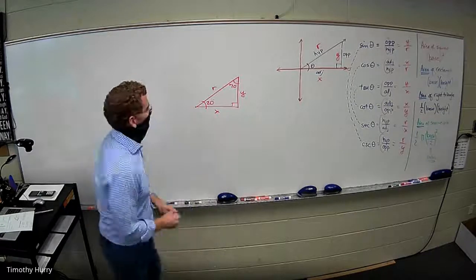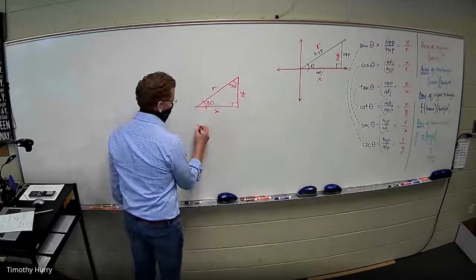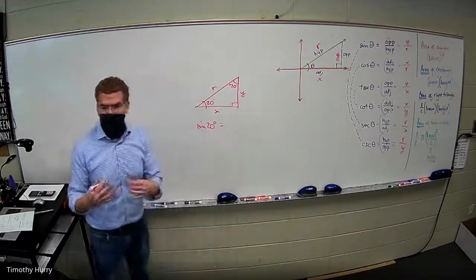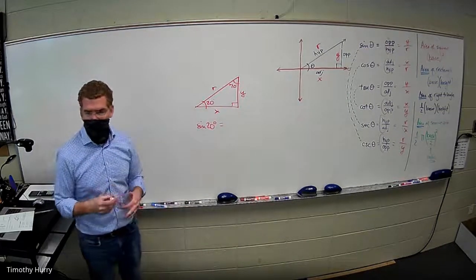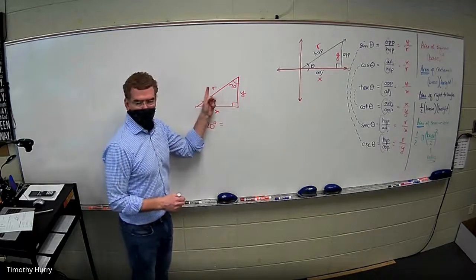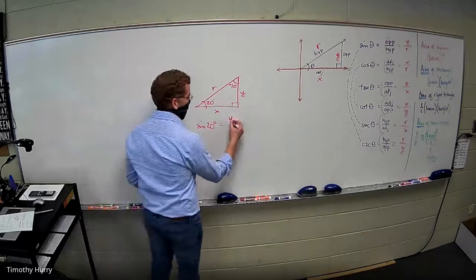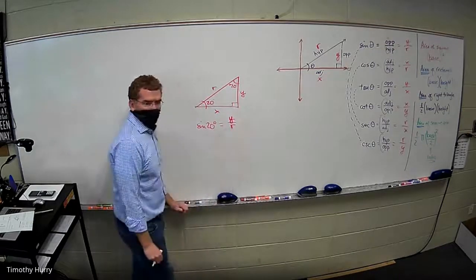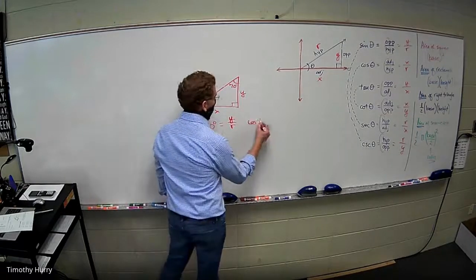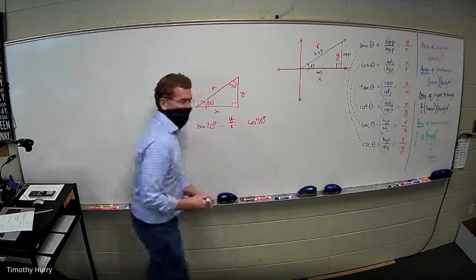So let me ask you a question. What if I were to ask you about the sine of 20 degrees? What would you say that the sine of 20 degrees was? Y over R. The opposite over hypotenuse, the Y over the R? Okay, so I'm going to write Y over R. Now, what if I were to ask you what the cosine of the 70 is?